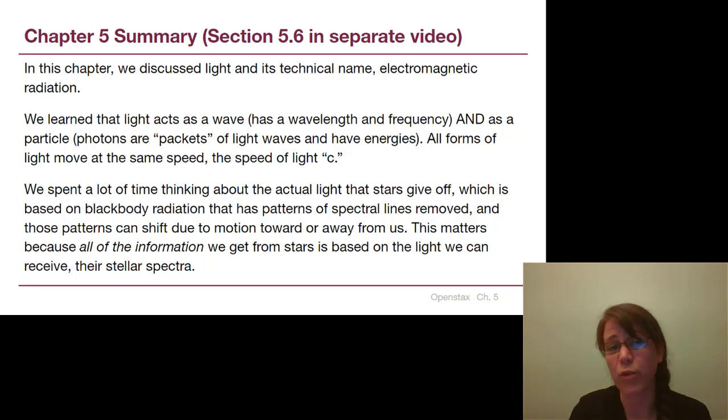It's got wavelengths and frequencies, and it also acts like a particle. Photons are pieces or packets of light waves. And we learned that all forms of light travel at the same speed through space, the speed of light, c.